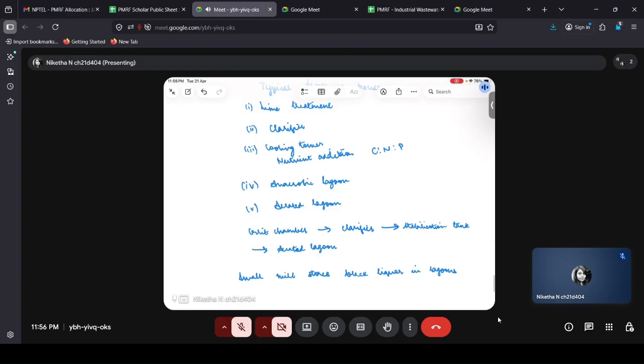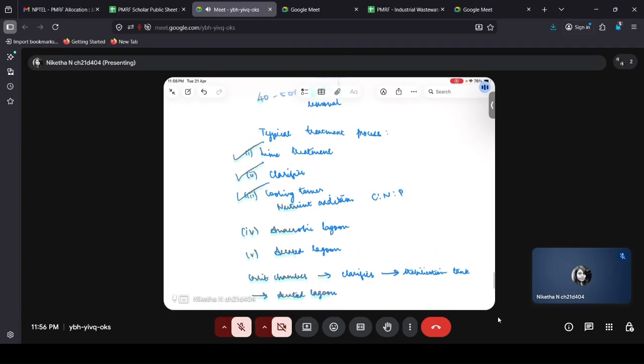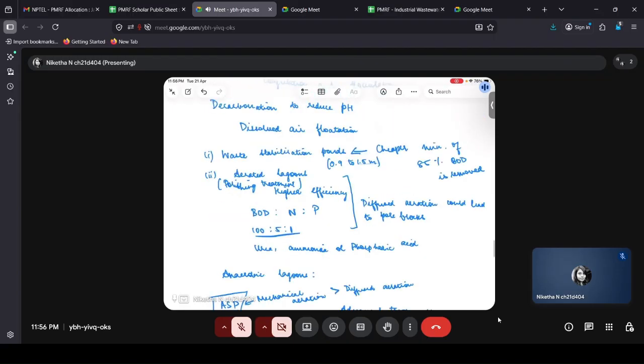So these are the typical treatment processes. The first one being lime treatment. This is followed by clarification and then cooling tower. And then if there is any nutrient deficiency, then that is added in order to maintain a good CNP ratio.